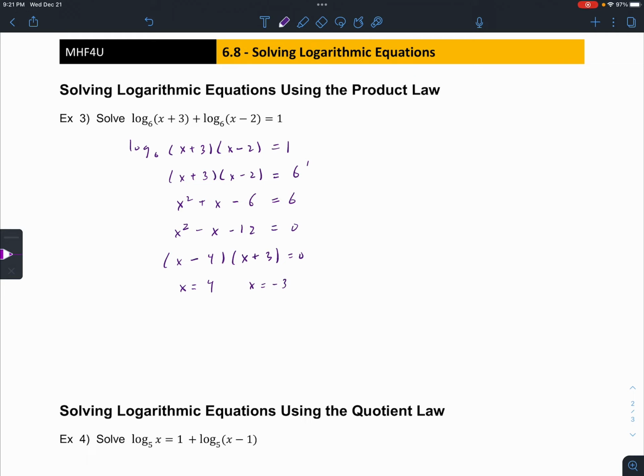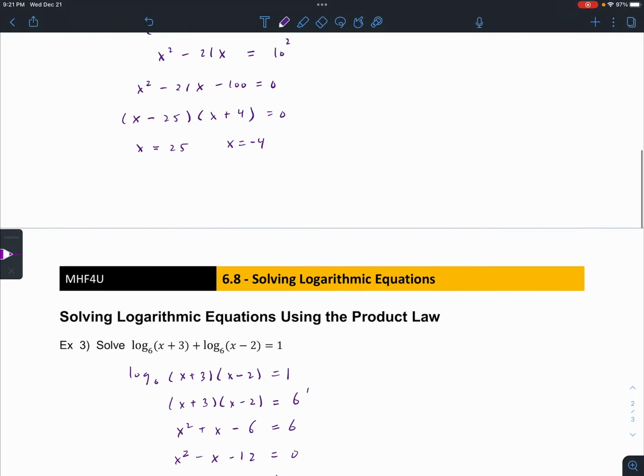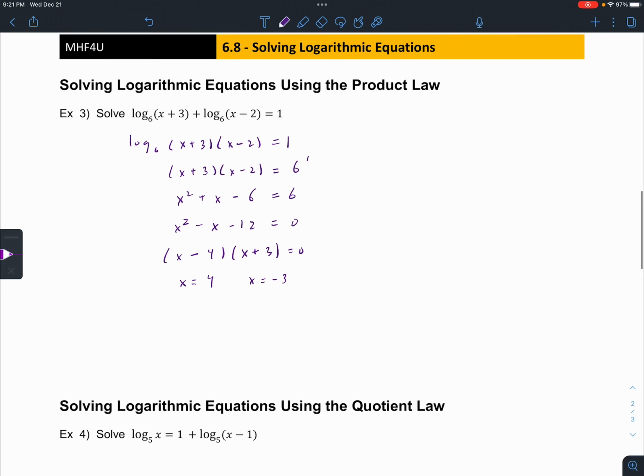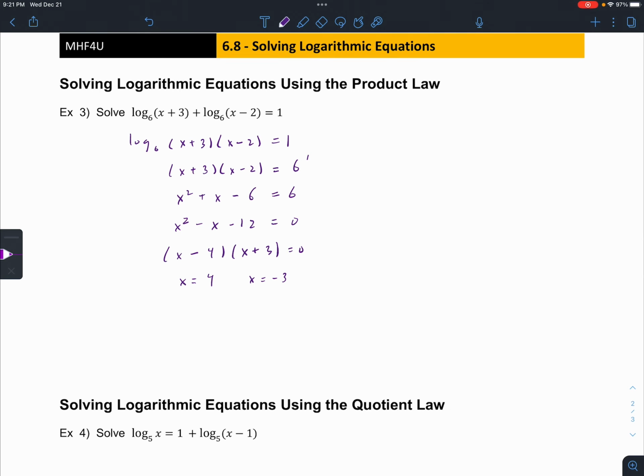Now, this is where restrictions come into play, and we have to consider them. Now, for the previous one, we probably should have also considered restrictions. But let's first do the restrictions for this. So, if we look at what we have originally, we can see that it's okay if x is 4. There's no issues here, because our argument is still going to be more than 0.